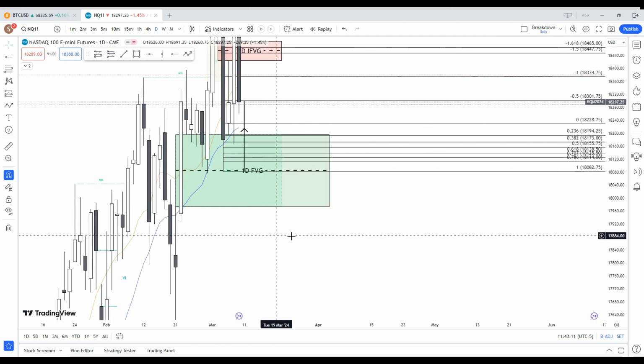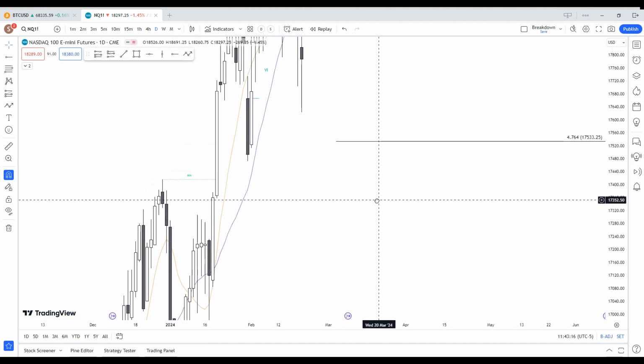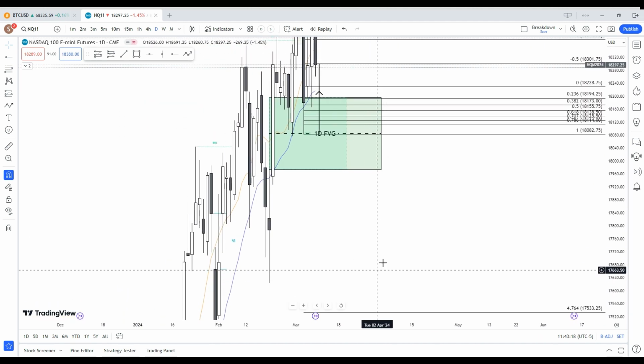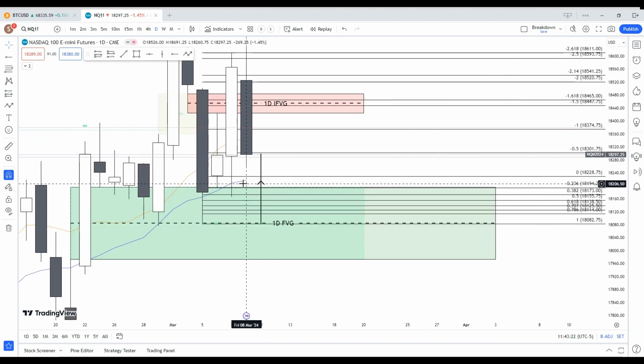This is the only daily that's right here. And then we also have this 20 that we could respect, wick through, pop up, hang around in this area until news.